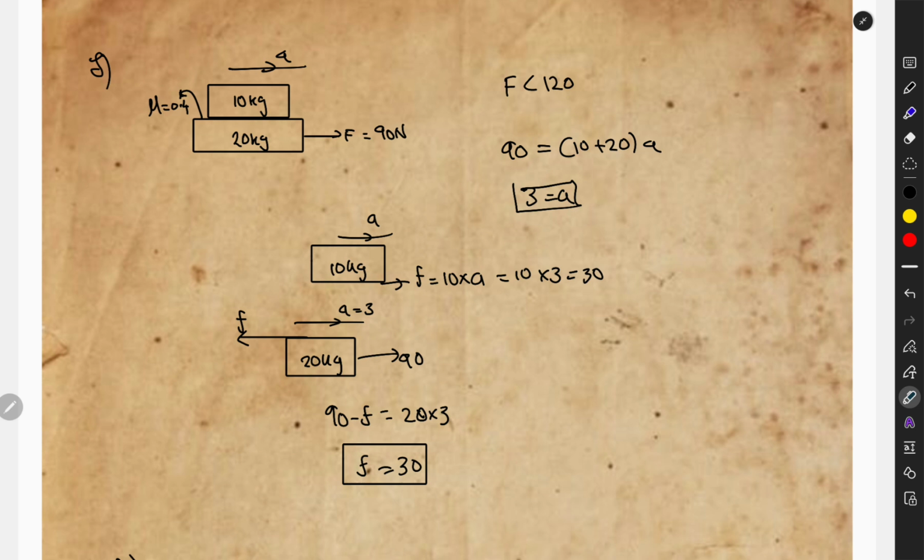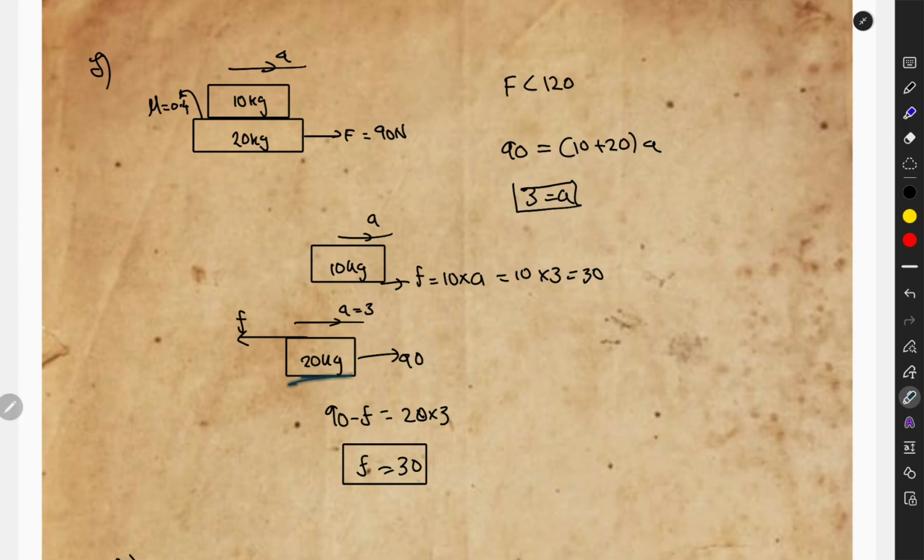meter per second square. If you are asked to find the frictional force on each block, so basically the upper one is 10 kilograms, right? So the frictional force will be applied in this direction, which will be equal to 10 multiplied by the acceleration. So acceleration is 3, and 30 newton force will be applied.